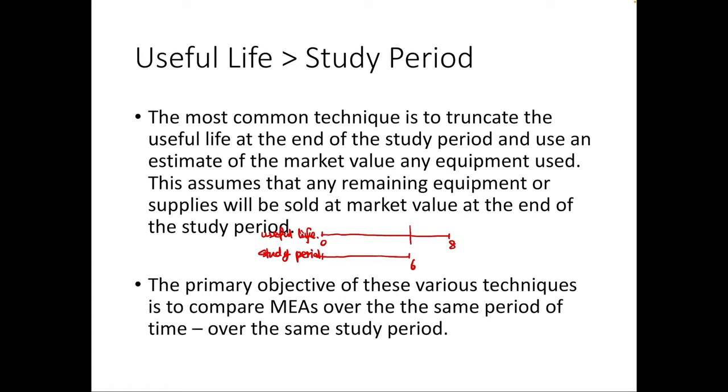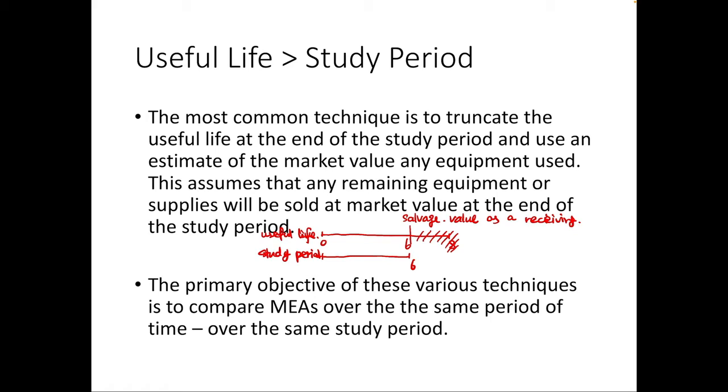By this method, it means you truncate at the end of the 6 years, at the end of the study period, and you assume that you will sell this equipment to a market, so you have a salvage value as receiving at the end of the study period. Okay, so you don't have this at all. Okay, so that's the first method.